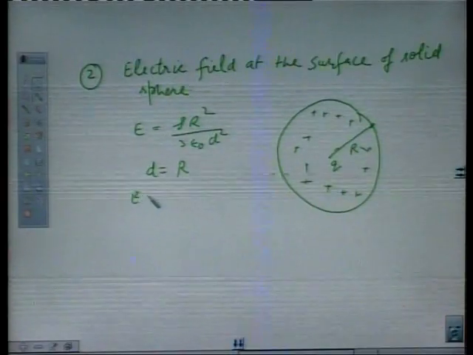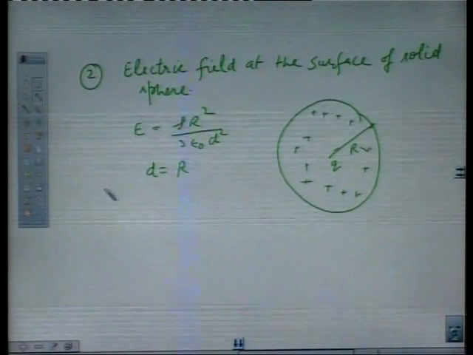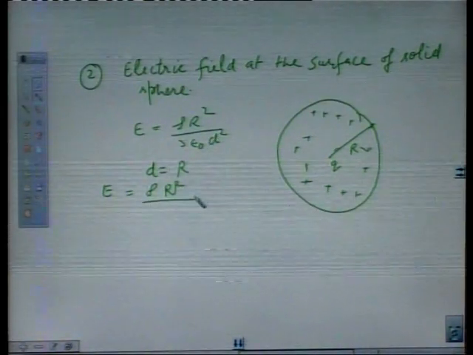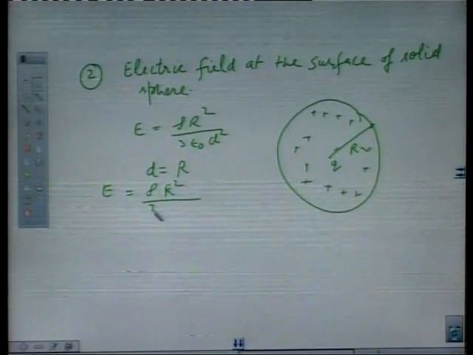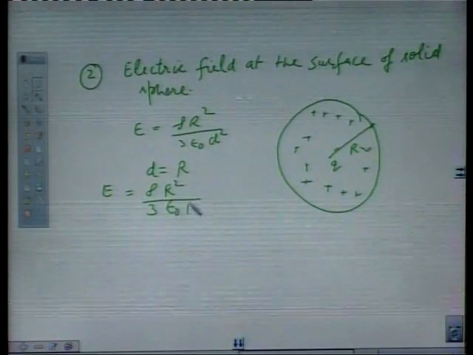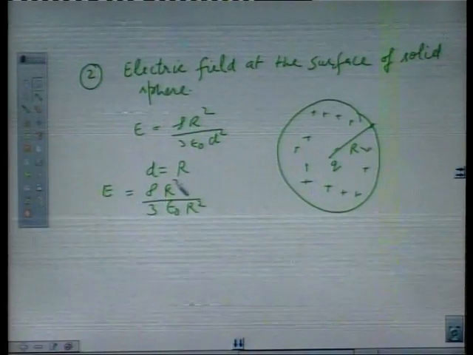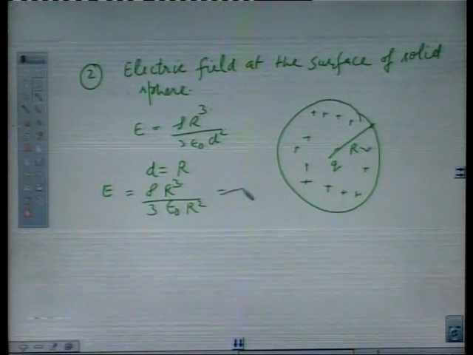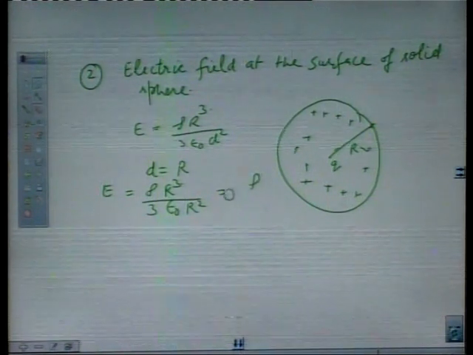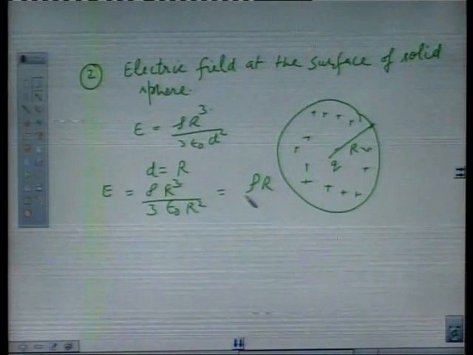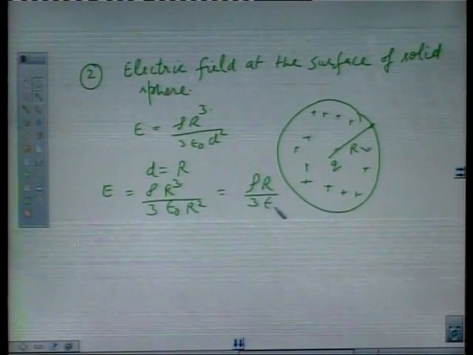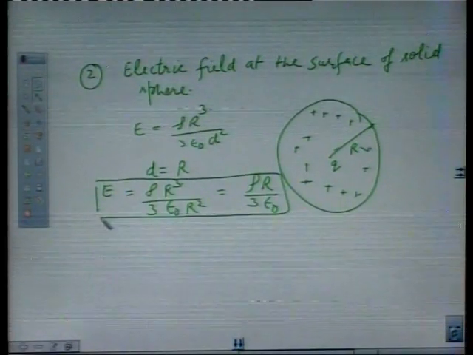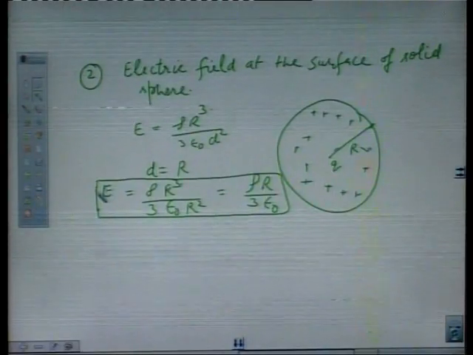On putting it, we have E is equal to rho into r cube upon 3 epsilon naught into r square, and this becomes equal to rho into r upon 3 epsilon naught. So this is the formula for electrical field at the surface of the solid sphere.